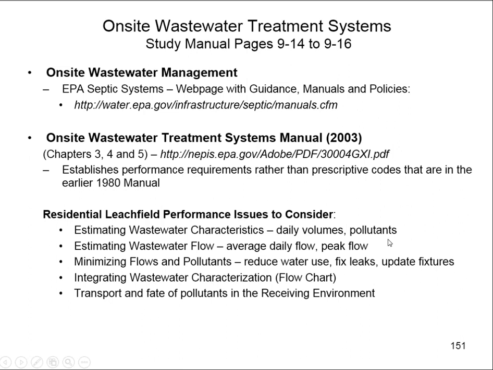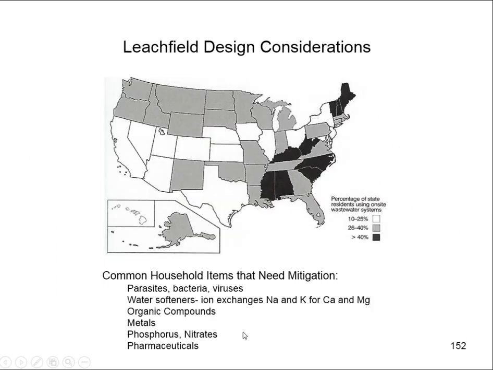What are the pollutants we're putting in? What's the peak flow? How do we minimize the flows? And then what happens in the environment as these things are formed or move through the environment? Can the receiving environment clean them up?